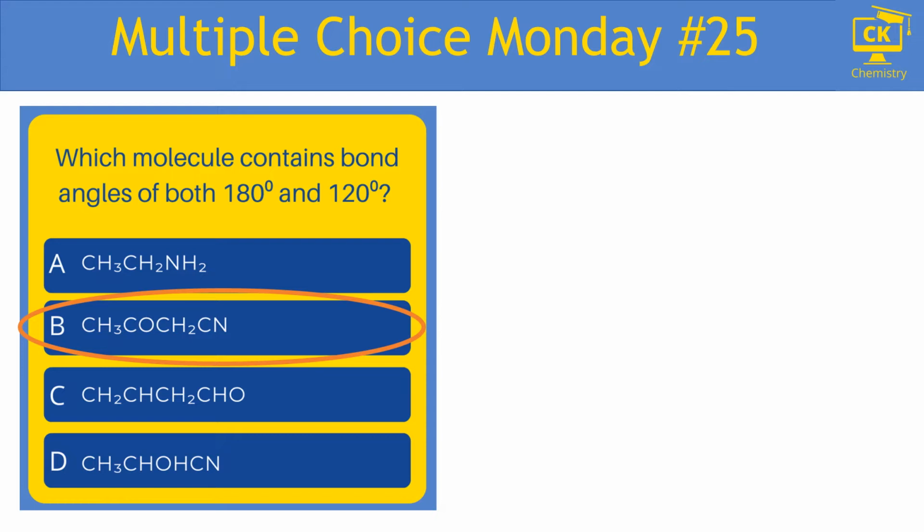So organic molecules are going to be containing carbon, hydrogen, oxygen and nitrogen for the most part, and very rarely any other atoms. Hydrogen is never going to be a central atom. Hydrogen is always going to be attached to the outside, so we don't need to worry about that.